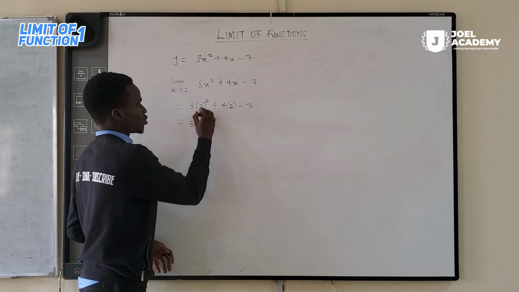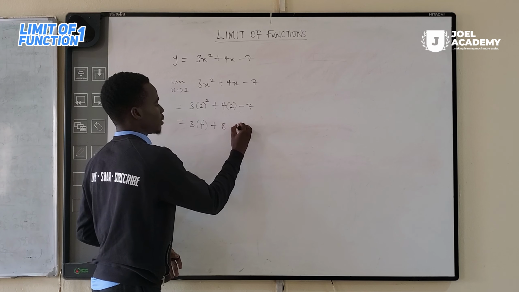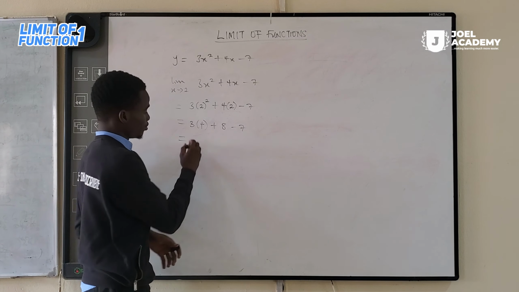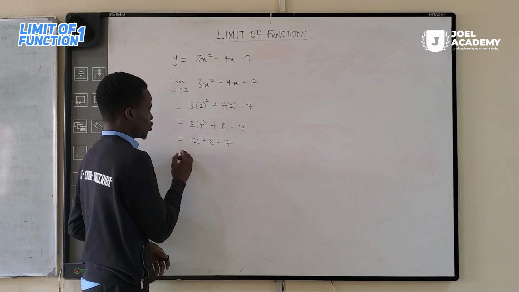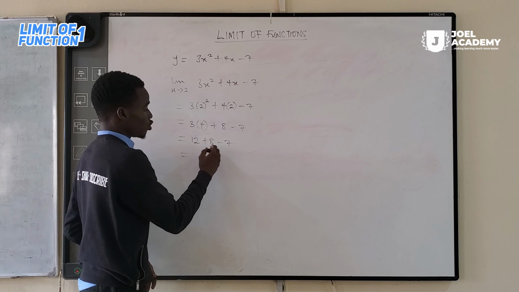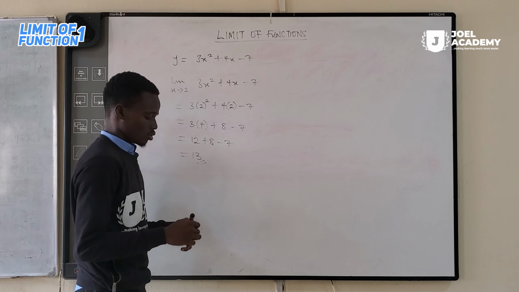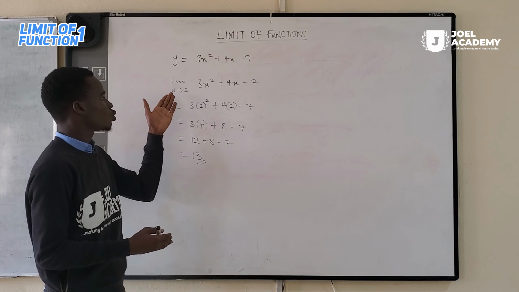So 2 raised to the power of 2 is 4, plus 4 times 2 is 8, minus 7. 3 times 4 is 12, 12 plus 8 minus 7. At the end of the day, we have 13. So we have found the limit of this function as x tends to 2.